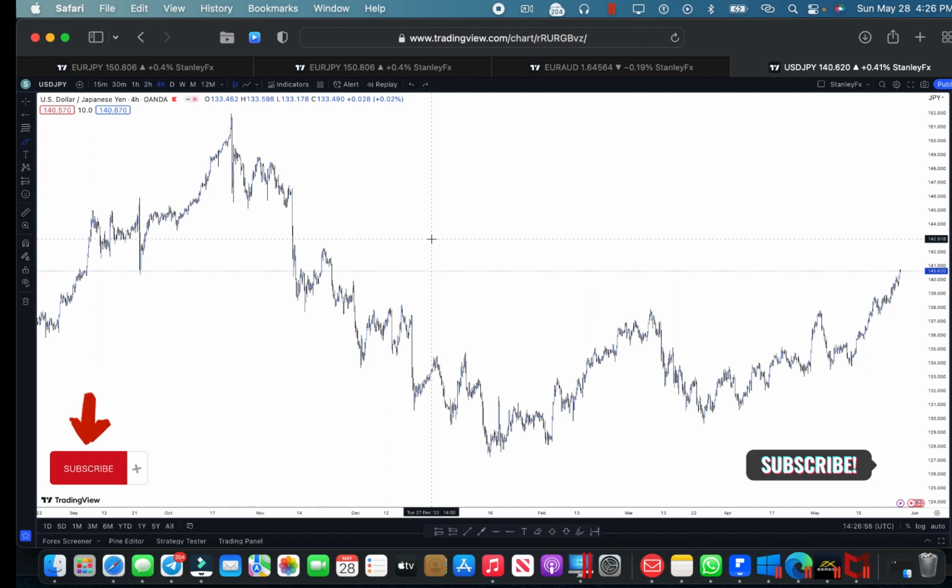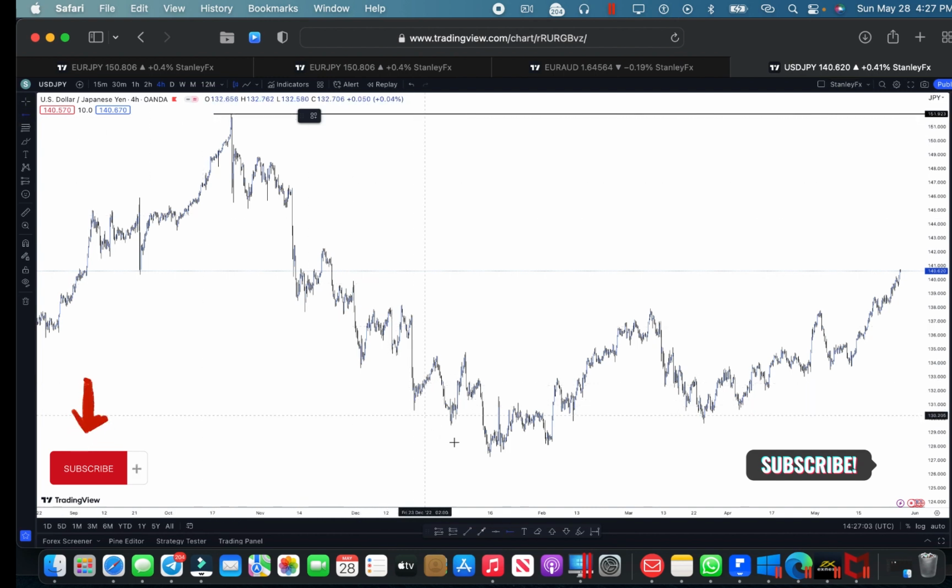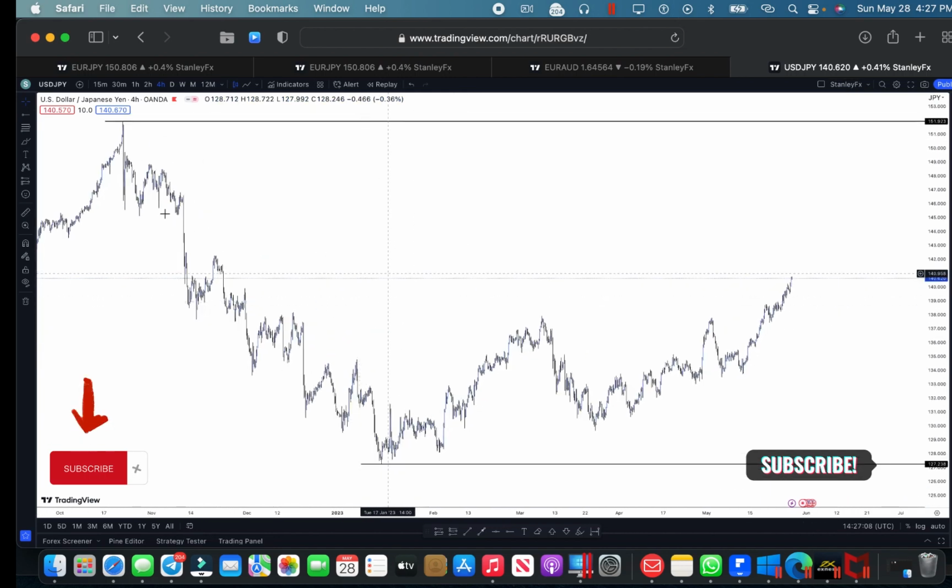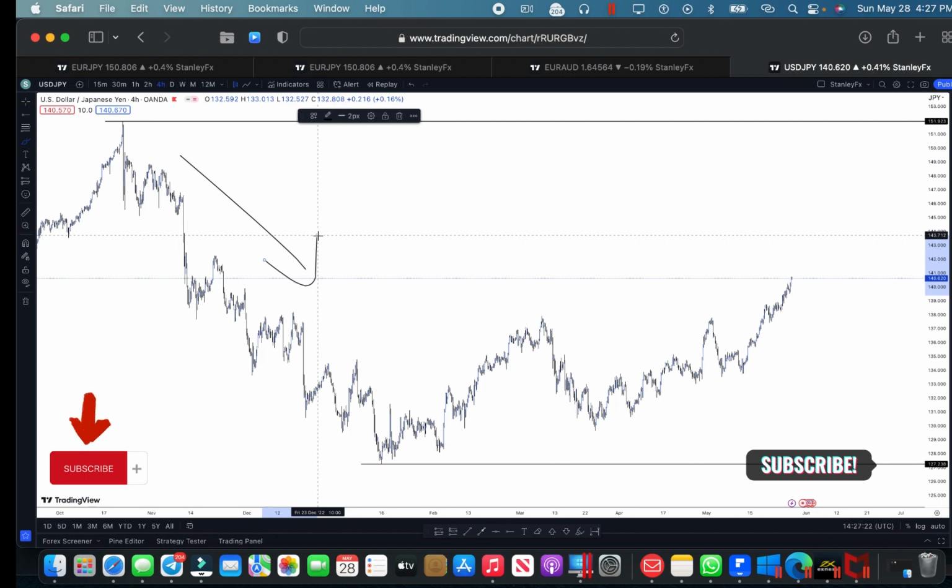I first identify my highest point and lowest point of the market. When we talk about market structure, we're talking about market direction. We have all heard professional traders tell us to let the trend be your friend, always trade according to the trend. That's what we're going to be putting into practice right now.